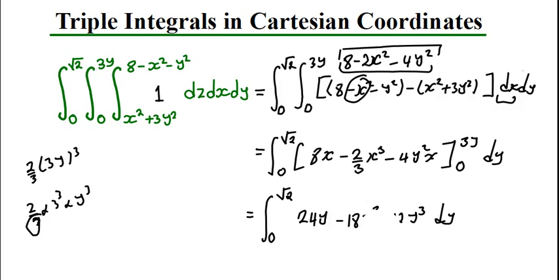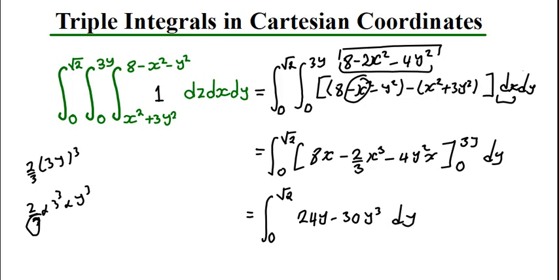Those two are like terms, and I might have made a mistake there: I wasn't supposed to write x, but I'm supposed to write y to the power 3. So it's minus 18 minus 12, which gives minus 30. I can just write minus 30y to the power 3 dy.